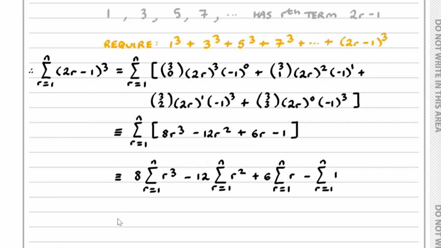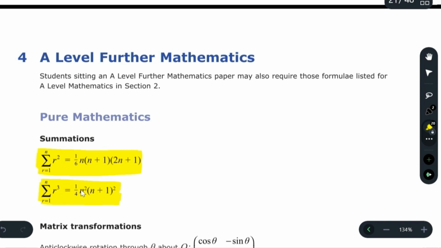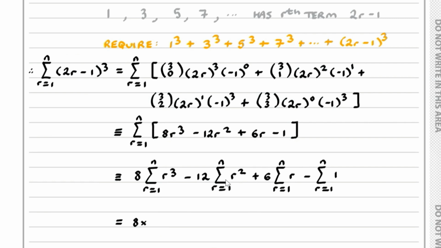So if we evaluate this, we have 8 multiplied by, well, for r cubed, we've got a quarter n squared, n plus 1 all squared. So we've got 8 times 1 quarter times n squared lots of (n plus 1) squared.